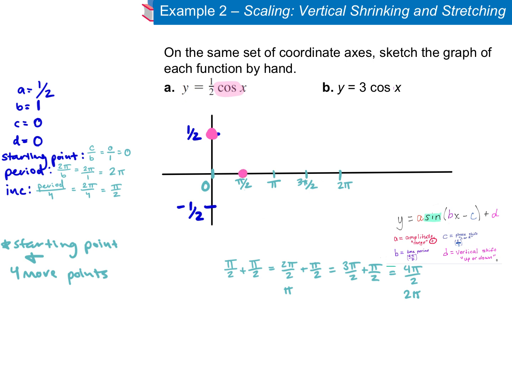You're not going to go any higher than your amplitude or your negative amplitude at the bottom. So you're just going to bounce back in between these. So I go to 0. At the next tick mark at pi, I'm going to go down to -1/2. Then I'm going to go back up to 0 when I'm at 3 pi over 2. And then we're going to go back to 1/2 when we're at 2 pi. So our graph is going to look like this.